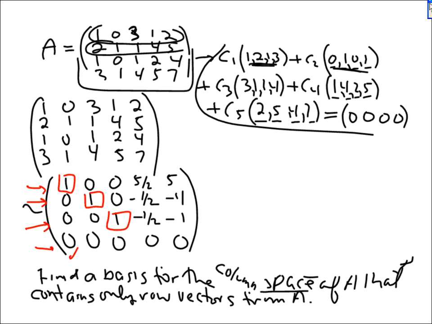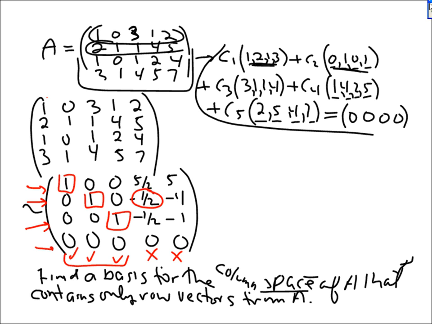I boxed it. Column 2 has a leading 1. Column 3 has a leading 1. Even if that number was 1, it's not a leading 1. Column 4 does not. Likewise, column 5 does not. Coincidentally, the first 3 columns.